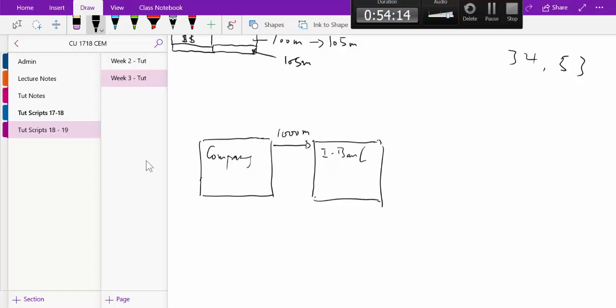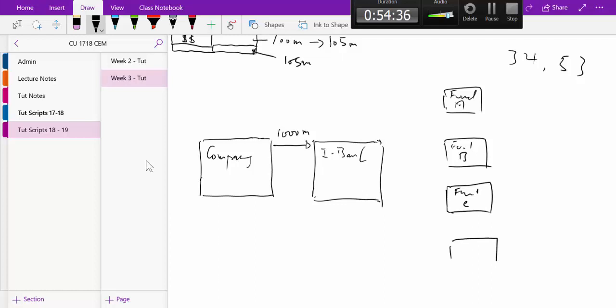Now, the iBank will sell to fund A, B, C, lots and lots of people. A, B, C, D, E, F, G, whatever, the list goes on, all the way to Z.